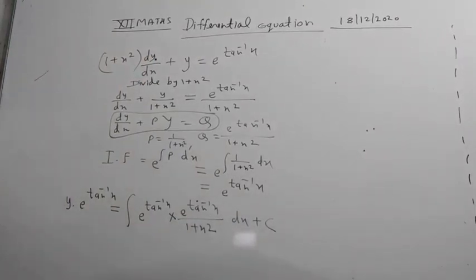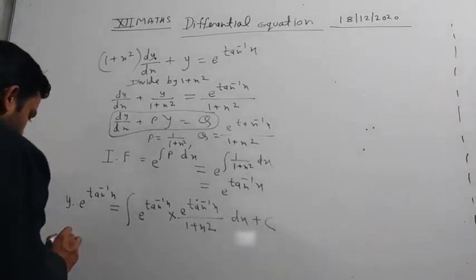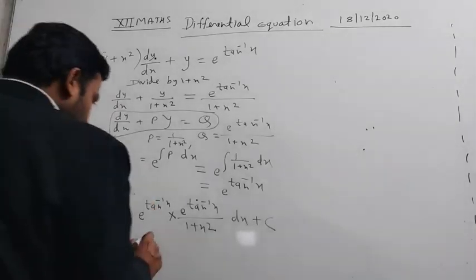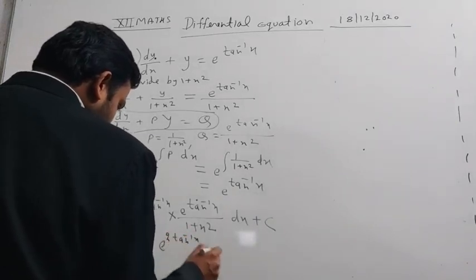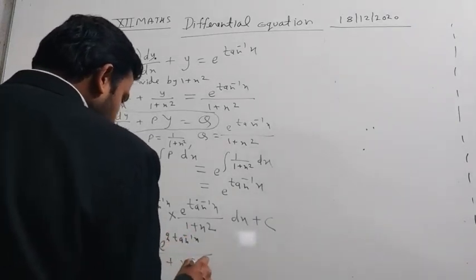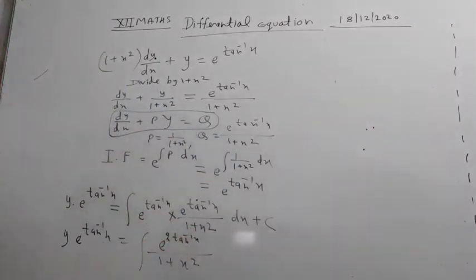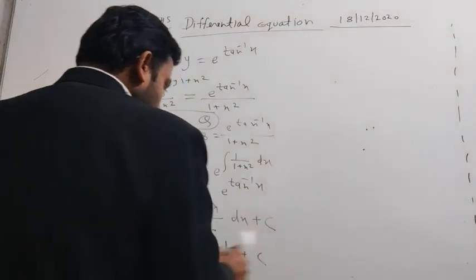Okay student, so for solving it we will take, so y e to the power tan inverse x, we can write as integral of e to the power 2 tan inverse x by 1 plus x square dx plus c.